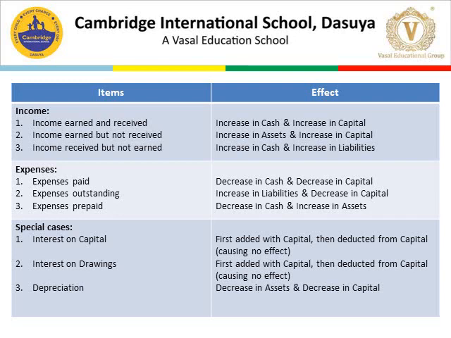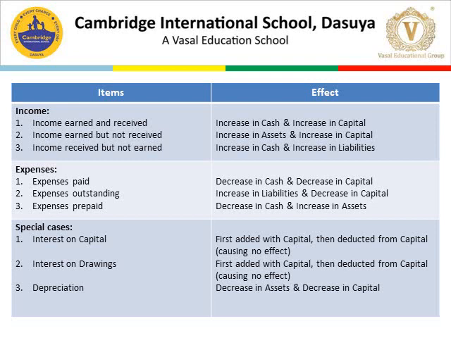So its effect in the accounting equation will be, it will increase the cash and simultaneously increase the liability of the business as well. So these are the three cases of income, and how they put their impact on the accounting equation. Now we cover expenses.